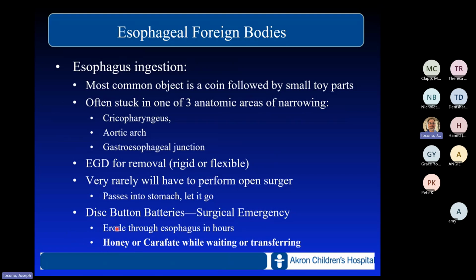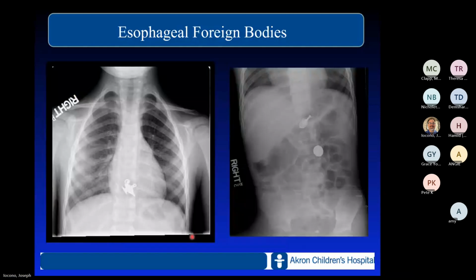The new thing is if they're being transferred to a peds hospital, you give them honey and tell them to take a teaspoon of honey every 10 minutes or so to coat the battery; it stops the conduction of the battery and stops the burning. You can't give honey if they're less than a year of age, so you use Carafate if they're less than a year of age. But the disc battery is an emergency.